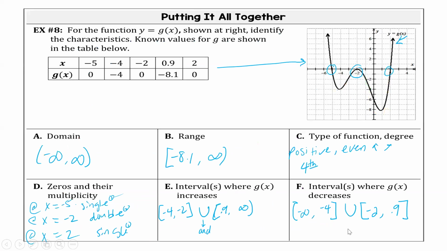For decreasing? Decreasing was -2 to 0.9. Okay. Good question. Any other points of confusion? Nope.